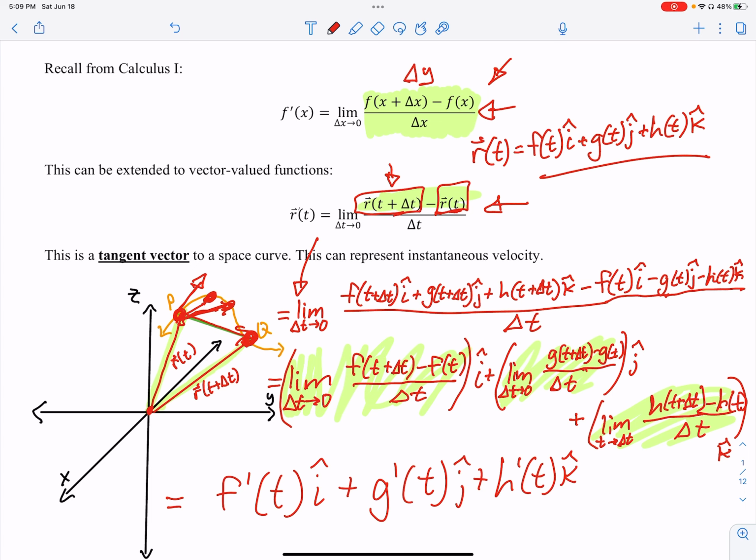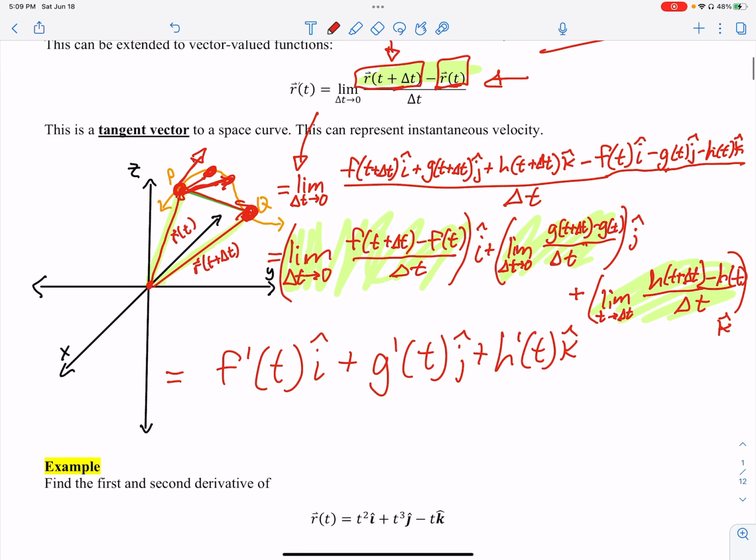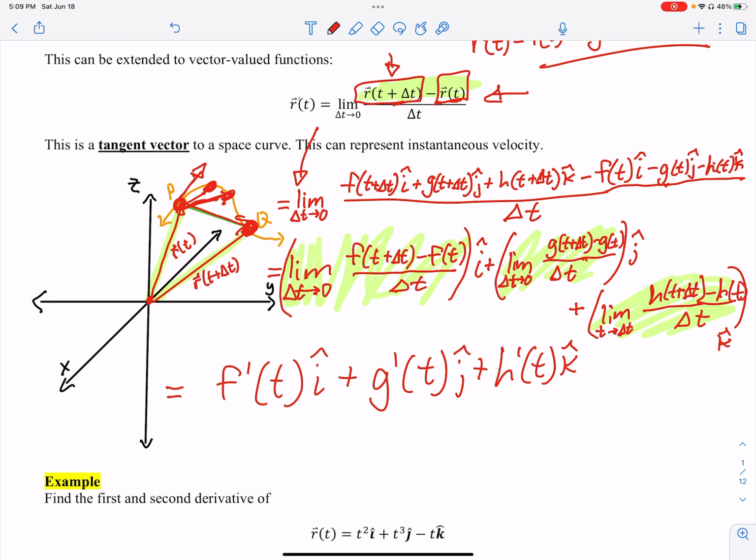So it turns out, to find the derivative r prime of t, we just take the derivative of each component. It's that straightforward, which is great because we're going to move to 3 dimensions with 3 different variables, x, y, and z, and it gets a little hairier. But let's enjoy this while we're here.